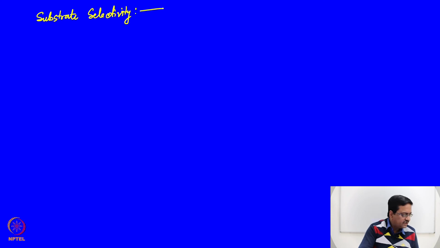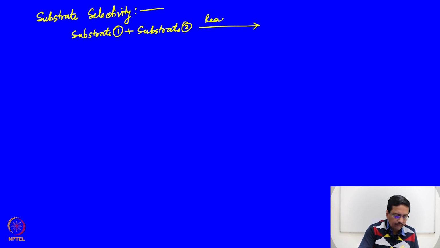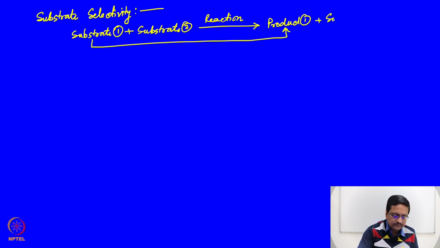So in a substrate selective reaction, suppose you have two different stereoisomers, substrate 1 and substrate 2. You do a reaction, you get a product 1 which is coming from substrate 1, and substrate 2 remains unreacted.